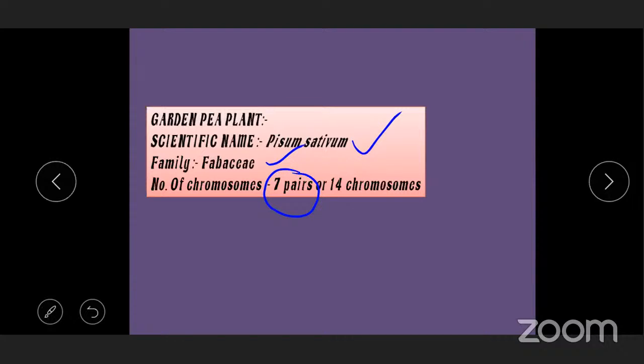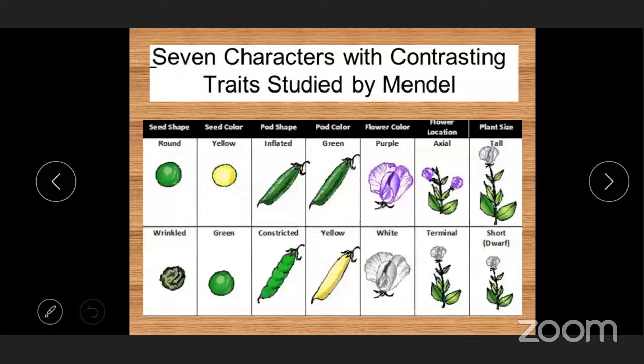So here Mendel selected 14 true breeding traits, which means 7 sets of characters studied by Gregor John Mendel for his experiments.